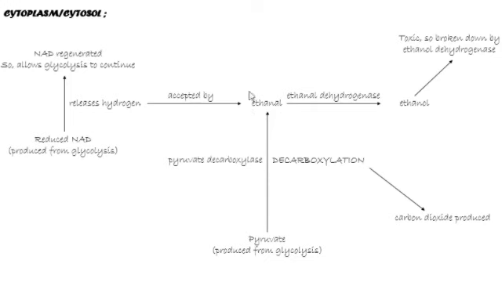Ethanal acts as the hydrogen acceptor and accepts hydrogen from reduced NAD, which becomes oxidized to form NAD, allowing glycolysis to continue. When ethanal accepts hydrogen from reduced NAD, it becomes reduced to form ethanol, and this conversion from ethanal to ethanol is catalyzed by ethanol dehydrogenase. Ethanol can be toxic to the body if left to accumulate, and therefore, in order to avoid its harmful effects, ethanol is broken down in the liver by ethanol dehydrogenase.